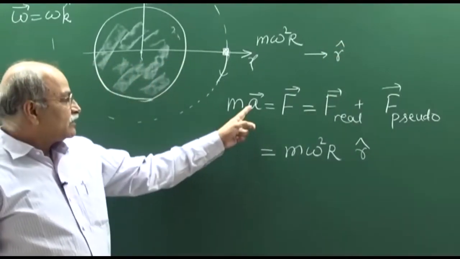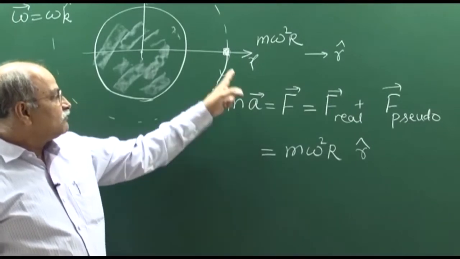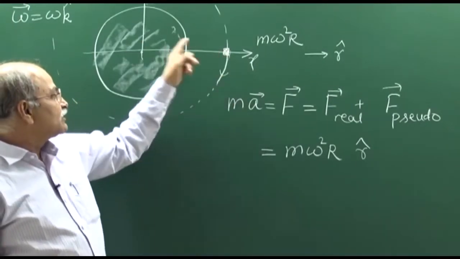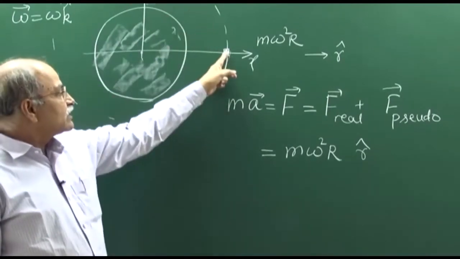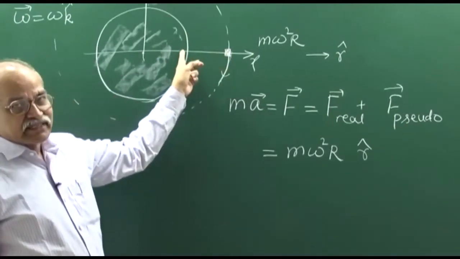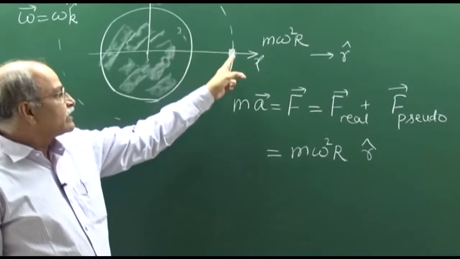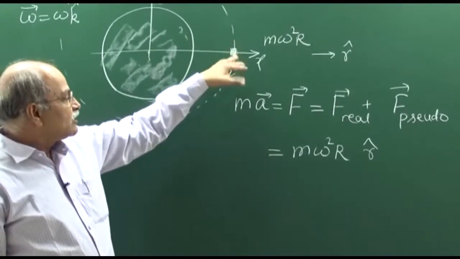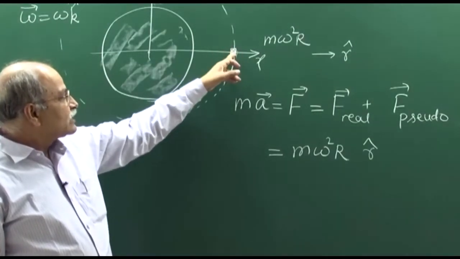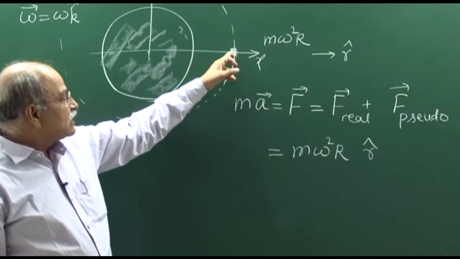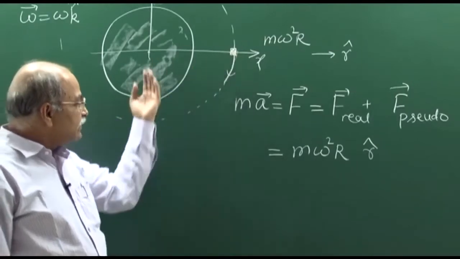But then acceleration of this particle from this frame, it is going in a circular path, and therefore, the acceleration has to be towards the center, and the acceleration is v square divided by r, which will be equal to omega square times r, but that will be in this direction.